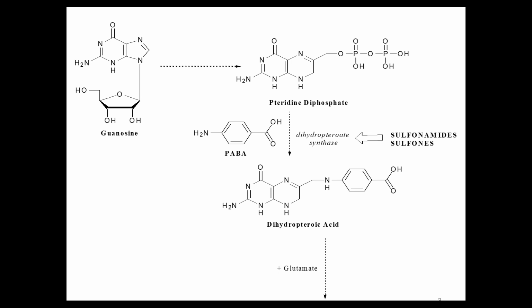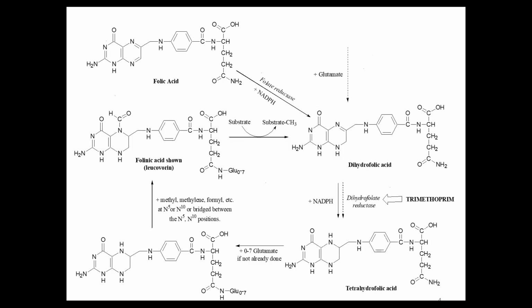Okay, so this PABA, in the presence of pteridine diphosphate and the dihydropteroate synthetase enzyme, is getting converted to dihydropteroic acid. Then this dihydropteroic acid is forming folic acid. Further, when the DNA construction has to happen, the folic acid needs to be in a particular form. So this folic acid is converted to dihydrofolic acid, and this dihydrofolic acid is converted to tetrahydrofolic acid.